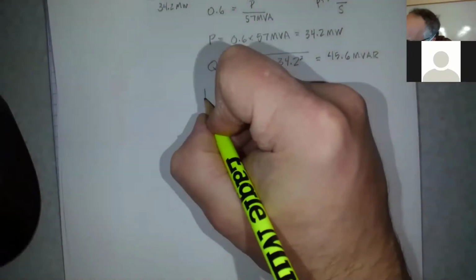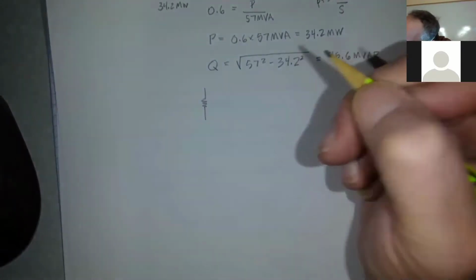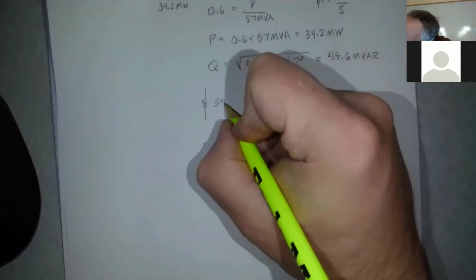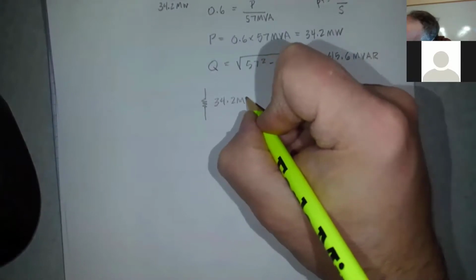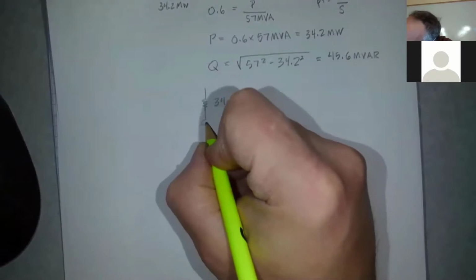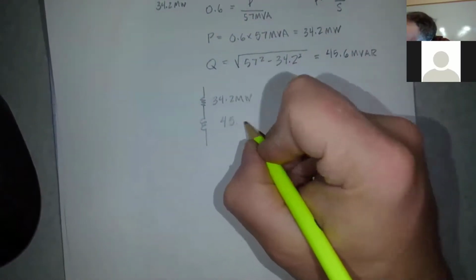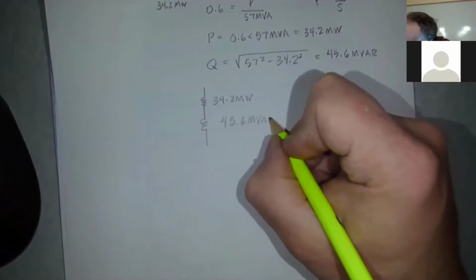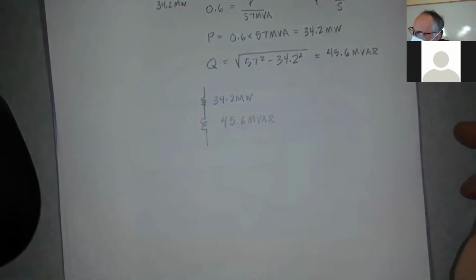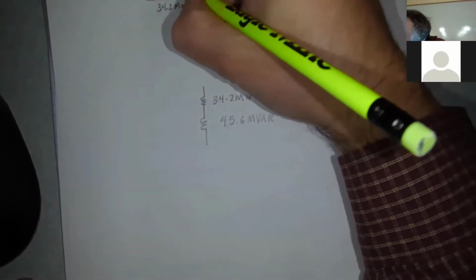So I've got a resistor that's 34.2 megawatts, and then I've got an inductor that's 45.6 MVAR.